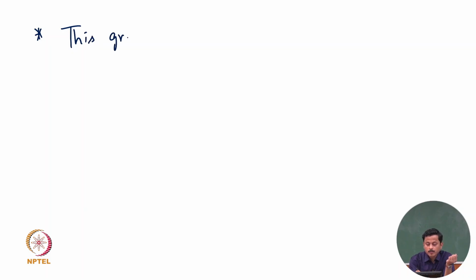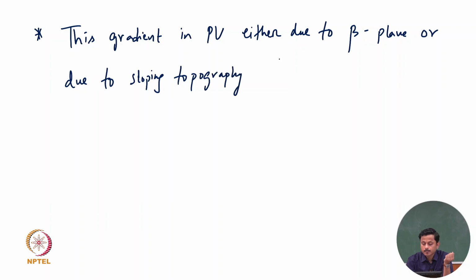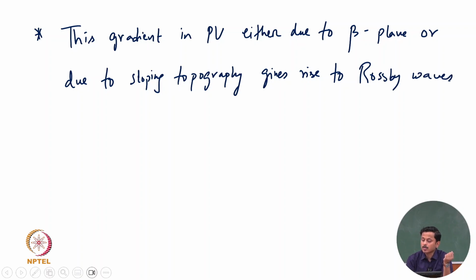So this gradient in PV, either due to beta plane or due to sloping topography, gives rise to planetary waves, also called Rossby waves, and topographical waves.